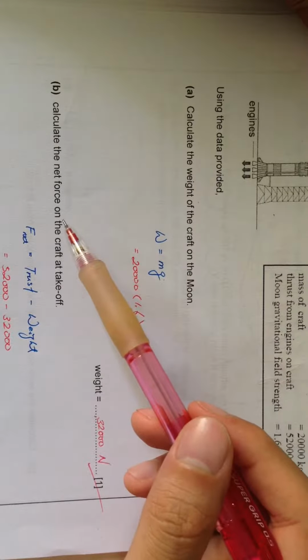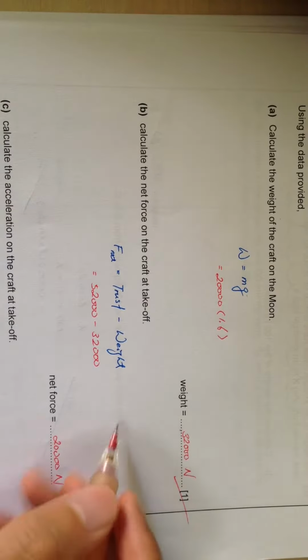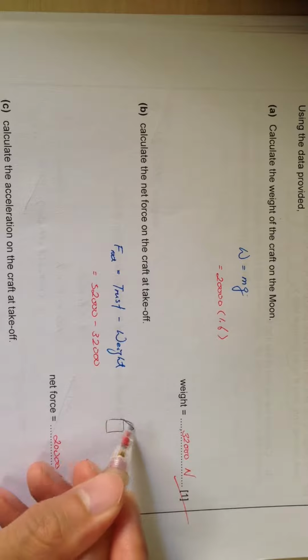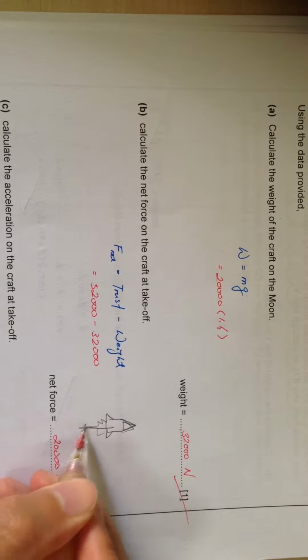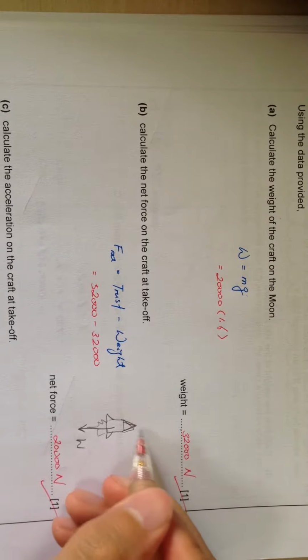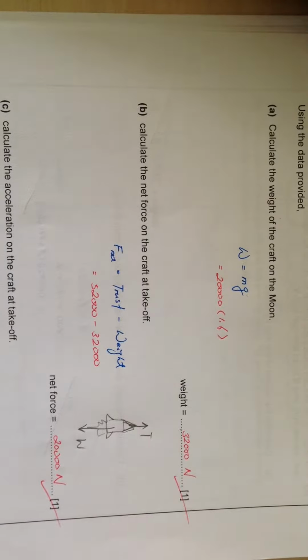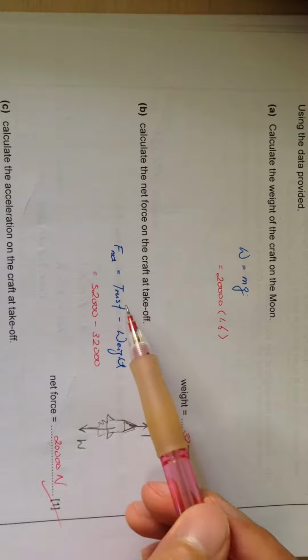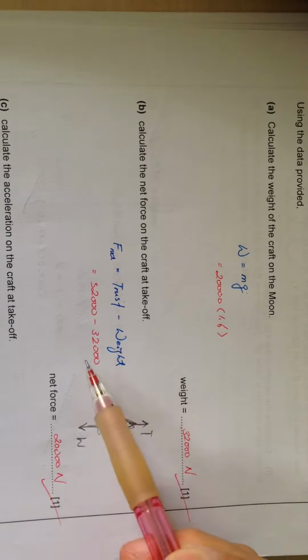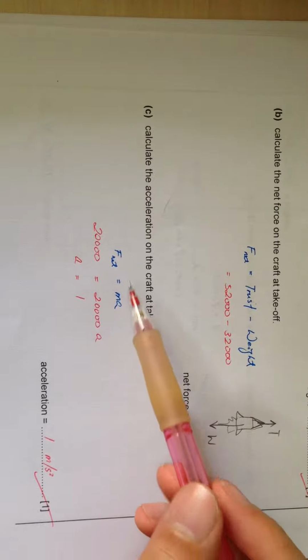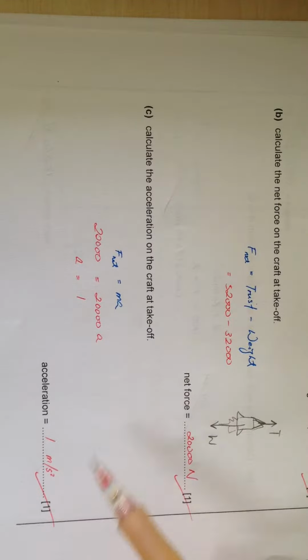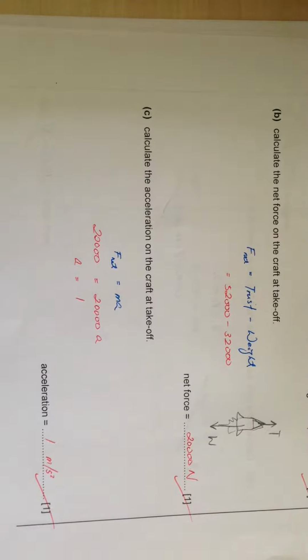For the net force, please take note, when you are considering the spacecraft, there will be two forces acting on it: number 1 is your weight, and number 2 is the upward thrust. So for your net force, you take the upward minus the downward force. Once you get the net force, use Newton's second law, F net equals ma, and you will be able to find the acceleration.